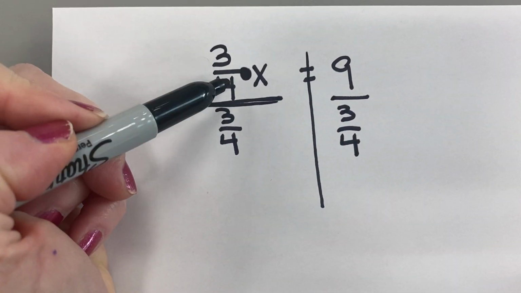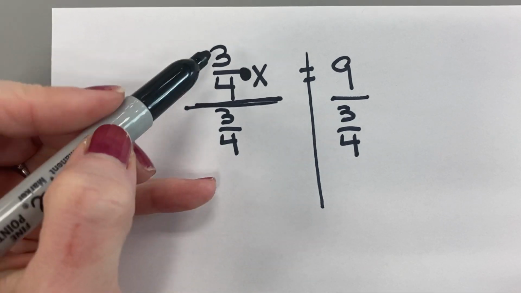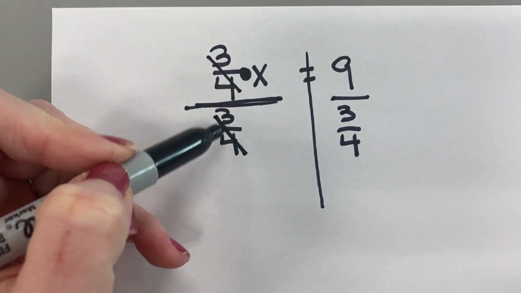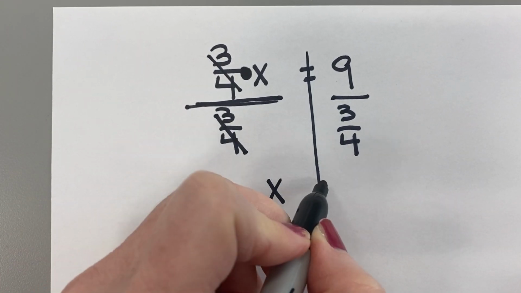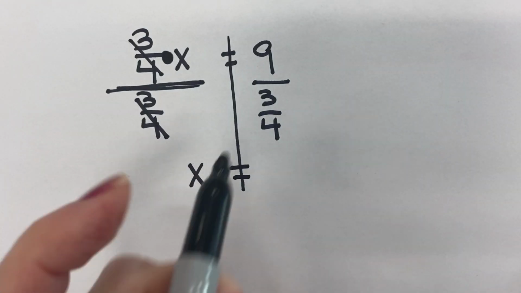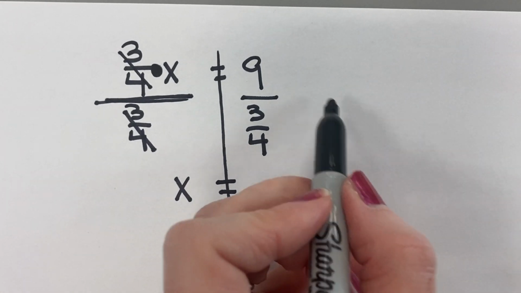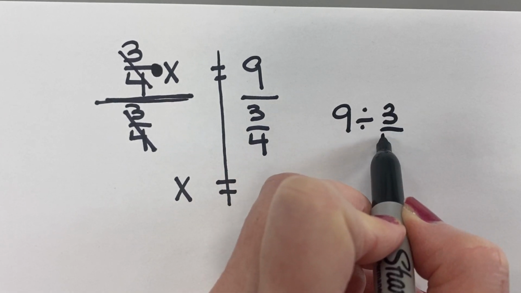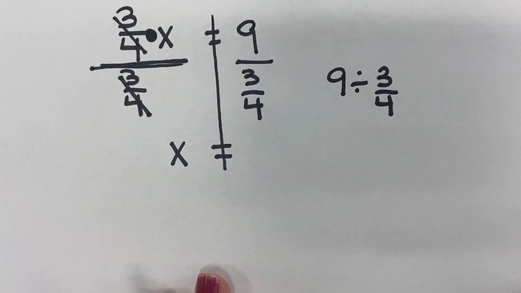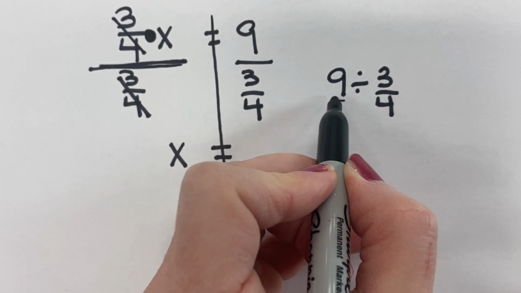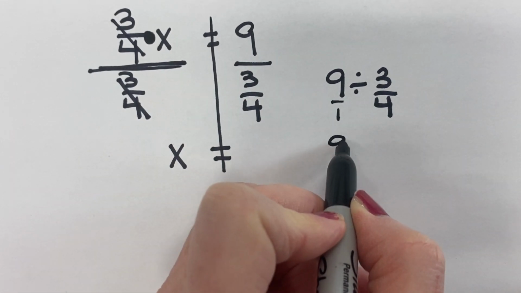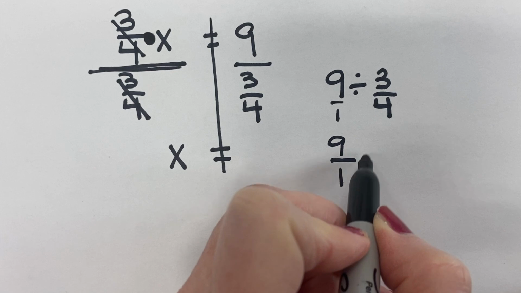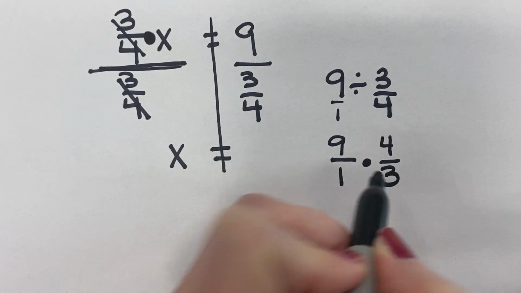Now, 3/4 divided by 3/4 is just 1, and 1 times x is x. On the right side, we're going to have to do a little side work. 9 divided by 3/4. Boy, it's been a minute since we did this. If we think of that as 9 over 1, then we know that that is 9 over 1 times the reciprocal 4/3.